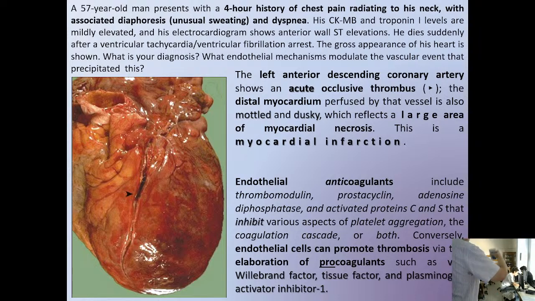And this imbalance between these two functions of the endothelial cells, in the present case, led to a thrombus formation, and we had this fatal infarct. And of course, we'll see today the complications of the myocardial infarct, which can cause the death of the patient.